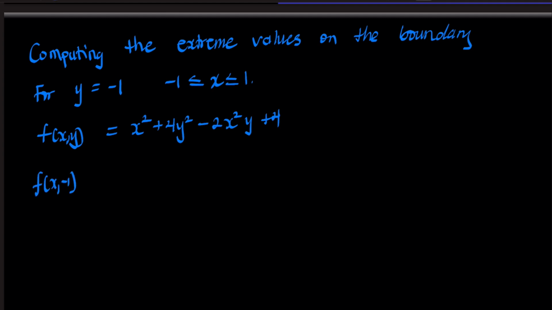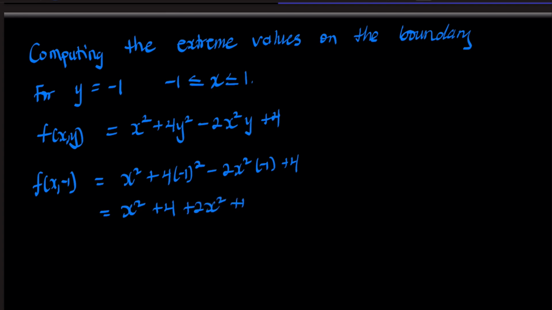So when y is equal to -1, our function will now become f(x, -1) is equal to x^2 + 4(-1)^2 - 2x^2(-1) + 4. That's going to give us x^2 + 4 + 2x^2 + 4. Simplifying this gives 3x^2 + 8.